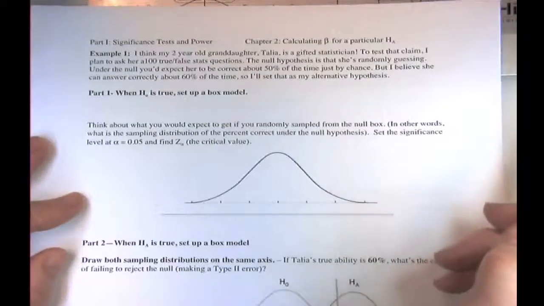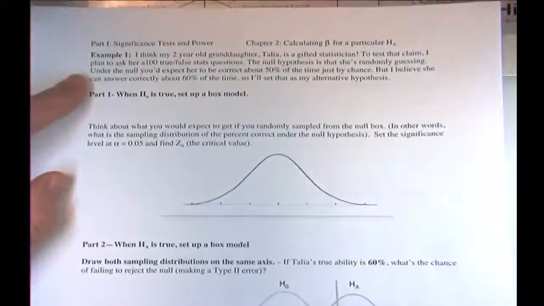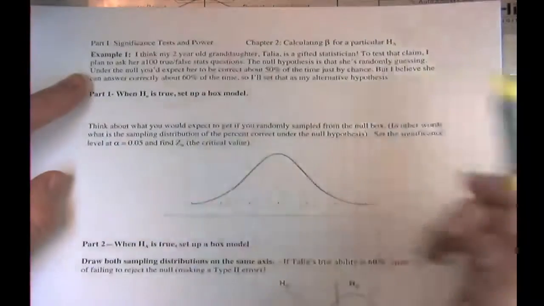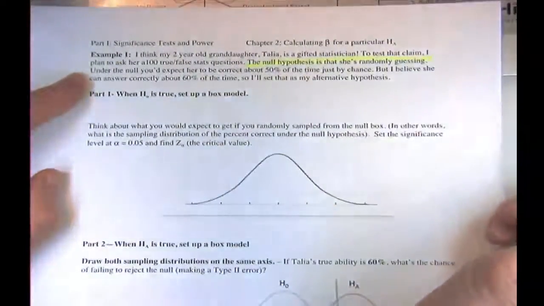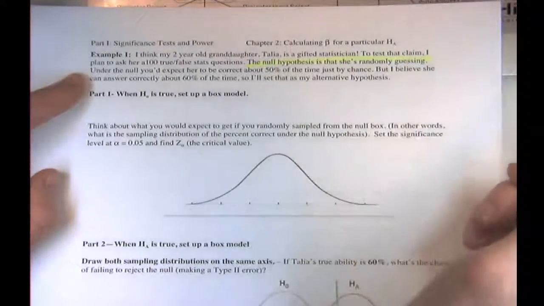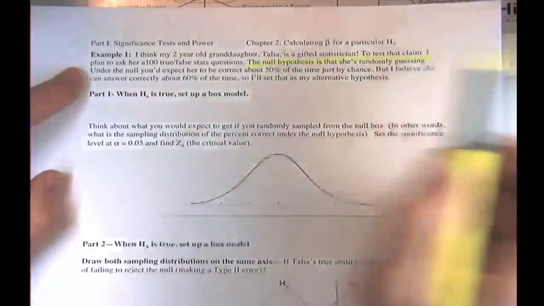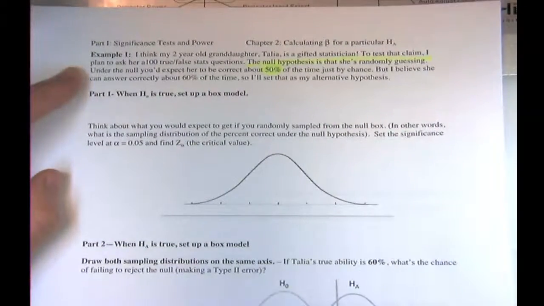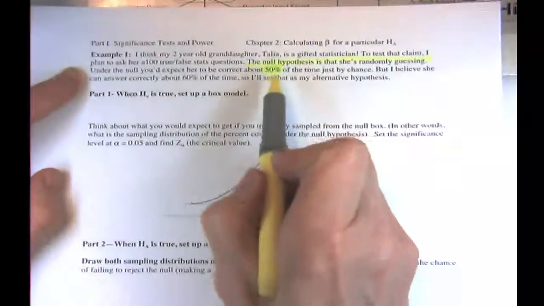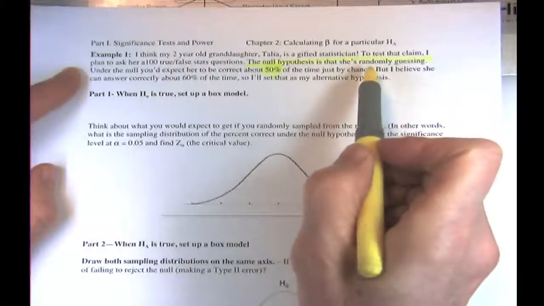The null hypothesis is that she's just randomly guessing. Nothing's going on here. So under the null, I'd expect her to be correct about 50% of the time. That's the expected value under the null, just by the luck of the draw.